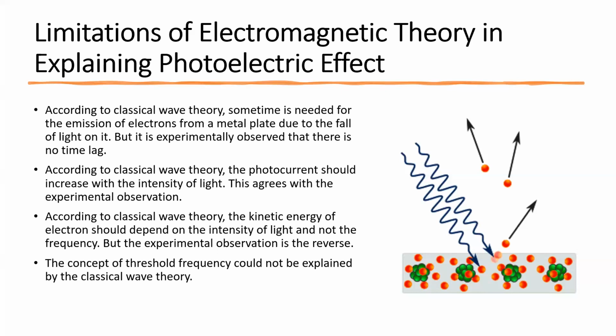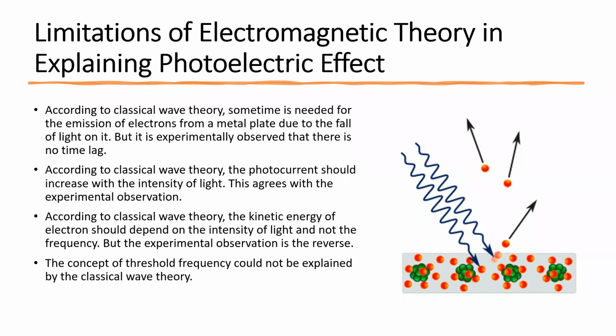So according to classical electromagnetic theory, they expect a time lag between the fall of light and the ejection of electrons. But experimentally, it is observed that there is no such time lag. So classical electromagnetic theory fails to explain why the photoelectric effect is instantaneous.